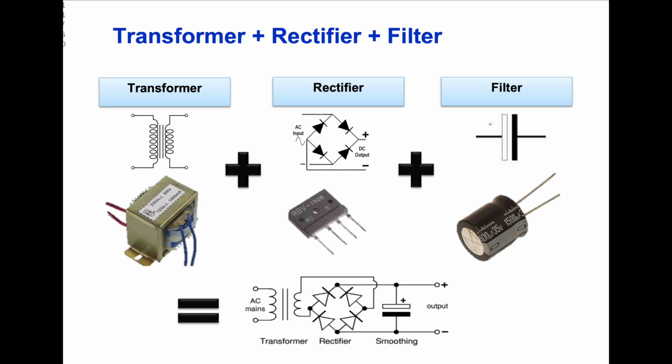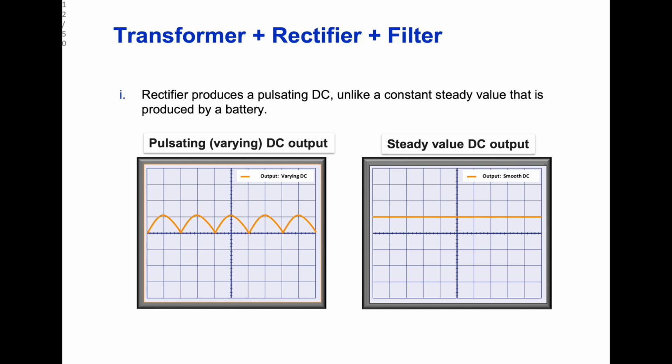The rectifier produces a pulsating DC, unlike a constant steady value that is produced by a battery. So the pulsating or varying DC output will pass through the filter, and we will have a steady value of DC output.